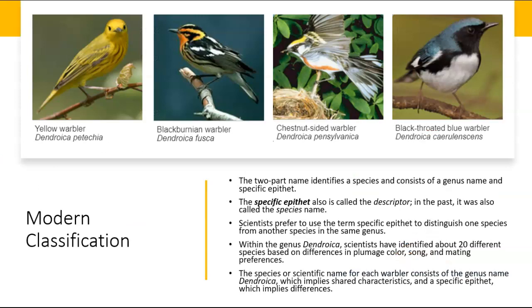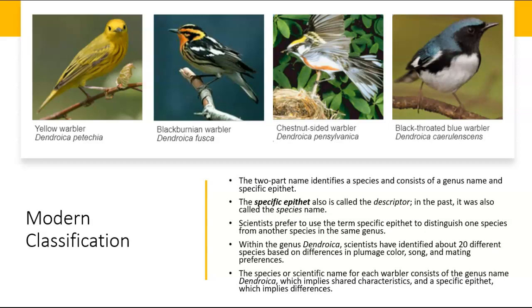Again, this is review from yesterday, or our last lesson. In modern classification, we have 2-part names to identify species. The first name is the genus. The second name is the specific epithet.